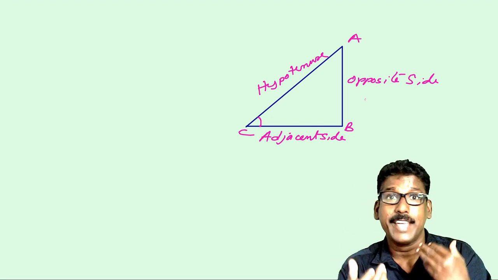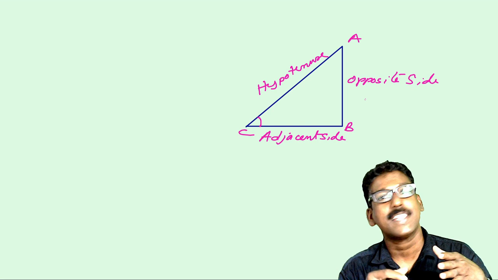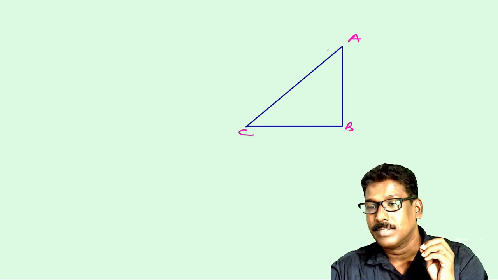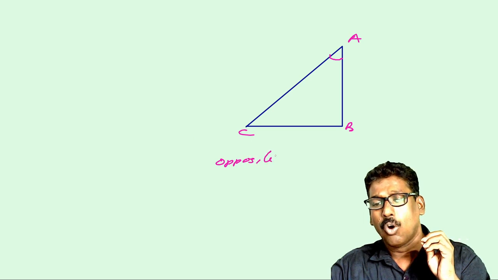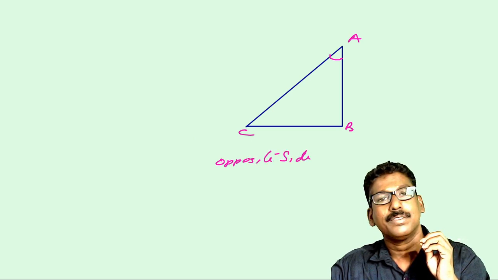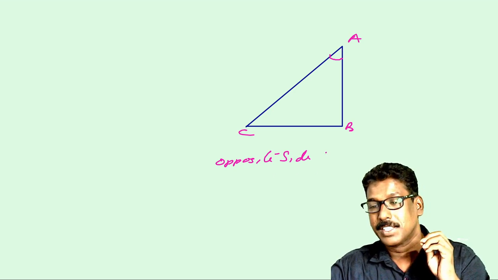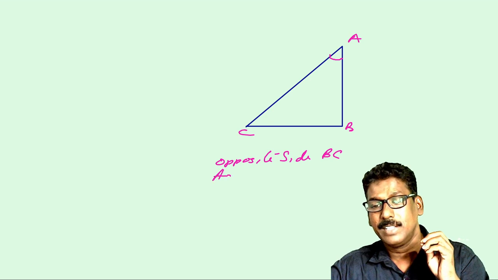Now, if I take angle A, these opposite and adjacent sides will change. Here, let me consider angle A. According to this angle A, can you say what the opposite side is? The opposite side is the one opposite to angle A. Yes, it is BC. What is the adjacent side?